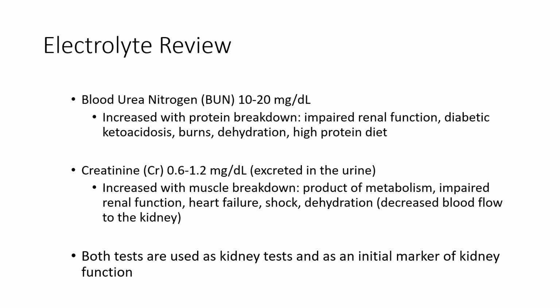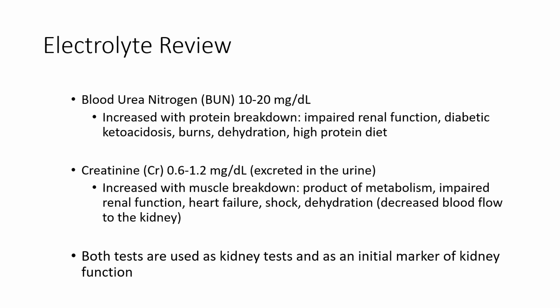And where did these come from? So these are just basic measurements of, we associate these with basic measurements of kidney function, okay? So if the kidneys, for example, are weak and not filtering properly, you can expect BUN and creatinine to climb in the bloodstream because they're not being filtered by the kidneys.